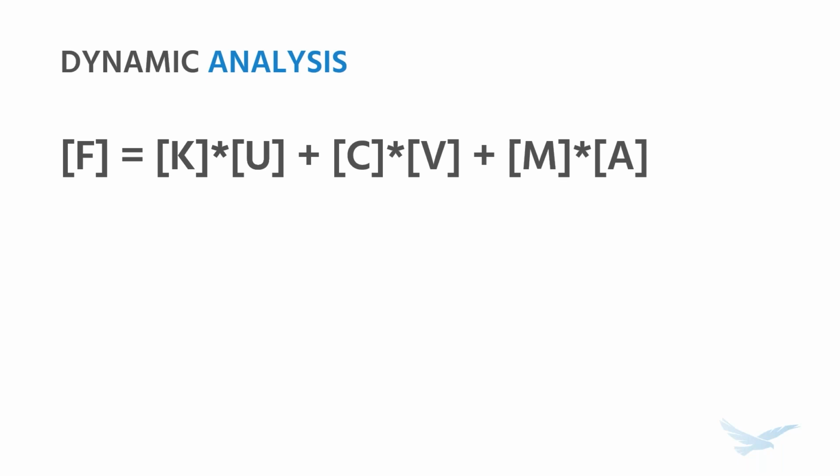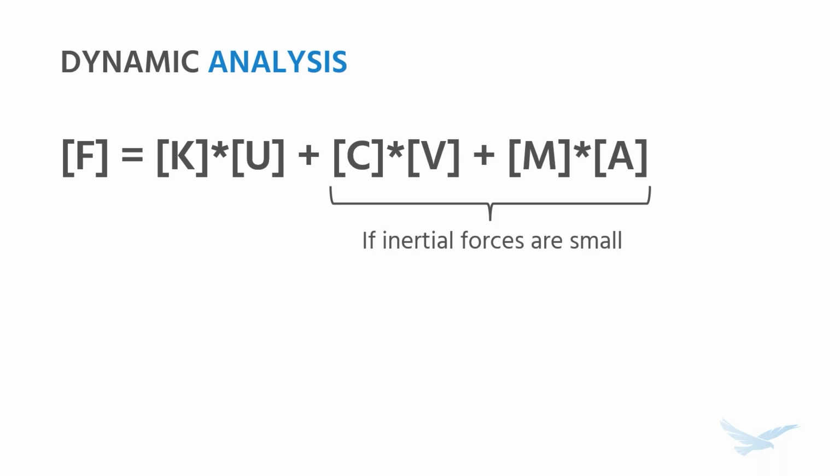However, if we're solving a static problem, we shouldn't really have any velocity or acceleration. What we're doing here when we take a dynamic analysis approach and use it to solve a static problem is we're not solving a true static problem anymore. But if we can keep those inertial forces small, velocity, acceleration, maybe only 1 or 2% of the equation, then they probably won't impact our final result too much, and we have what we call a quasi-static solution.